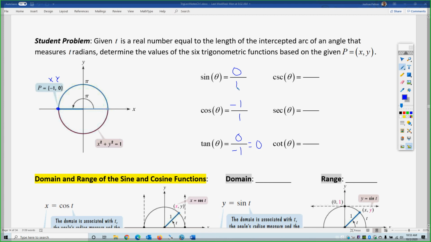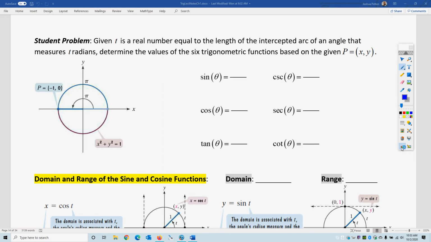We can reciprocate everything. 1 over 0, 1 over 1, just keep the negative on top, and negative 1 over 0. So that's 0. Can't divide by 0, so that's undefined. And I get negative 1, and undefined.